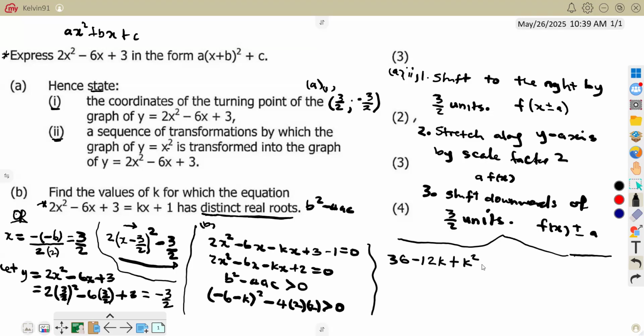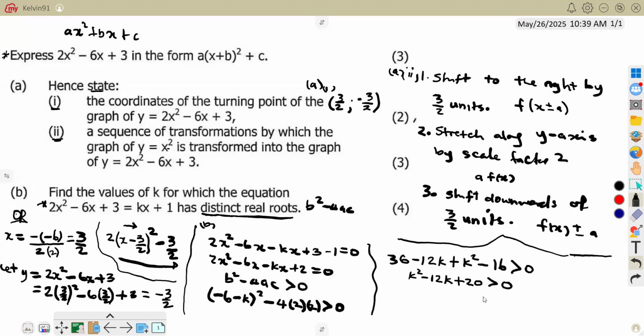Here is going to be minus 16, is greater than 0. Then writing this in standard form, we are going to have k squared plus 12k plus 20 that is greater than 0.